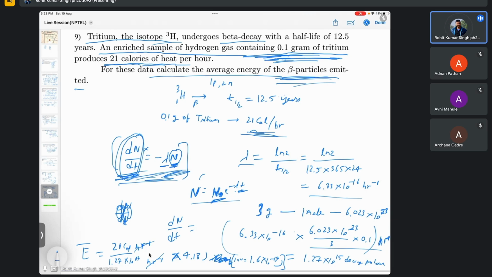But this is for you to decide according to the problem, whether you want to calculate the number of tritium at a later time, or just the rate of decay. If you want the rate of decay, you can just use this number. No one is stopping you.